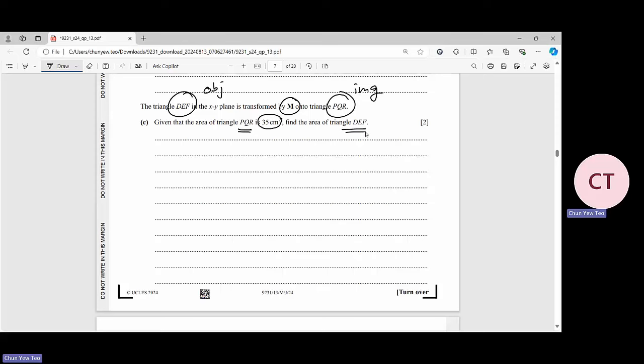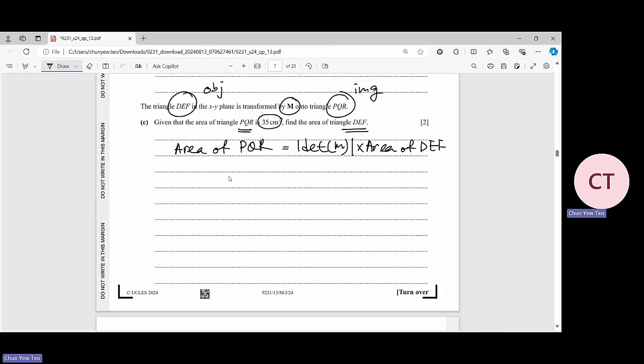They want you to find the area of the object. So you need to write down the relationship between the area of image and area of object. The area of the image PQR is equal to the modulus of the determinant of M multiplied by the area of the object.